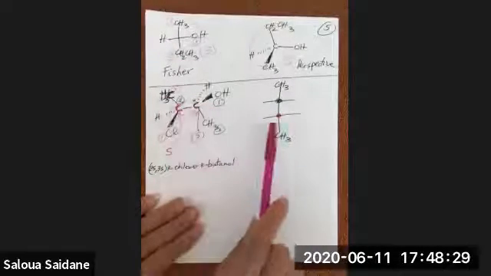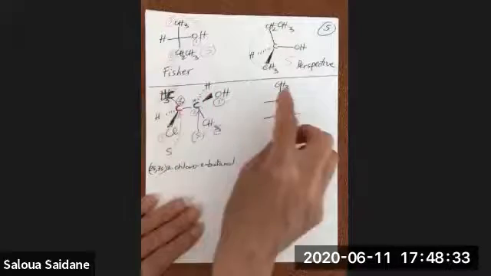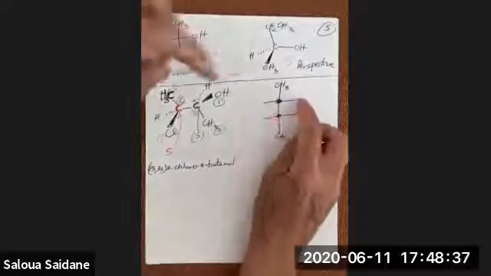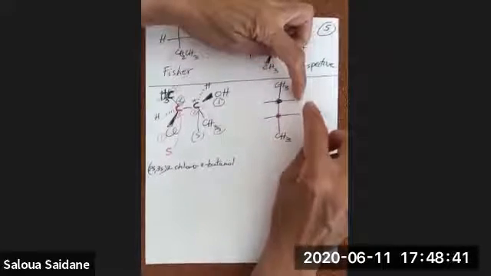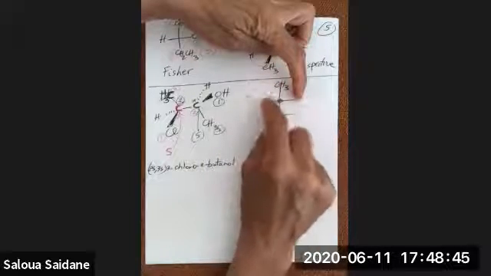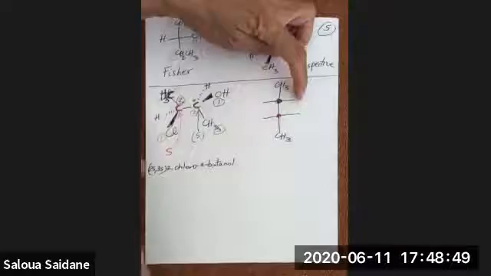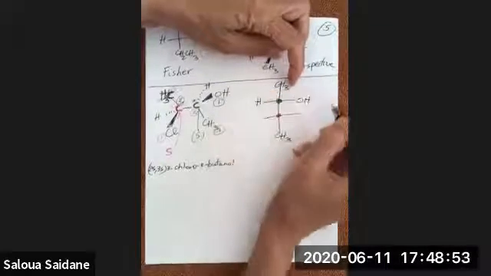You have all of this, but then it has OH and H. So the question is, should I put the OH here or the OH here? If I put the OH here, that would be number 1, 1, 2, 3. So it goes clockwise, and since the H is in the front, that's an S, so that's correct. So the OH has to be here, and the H is here.